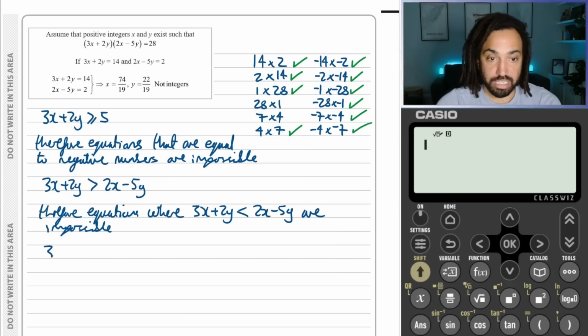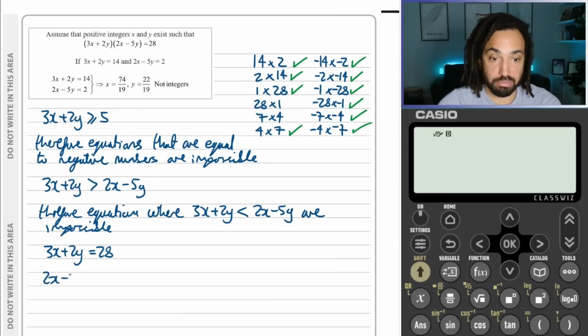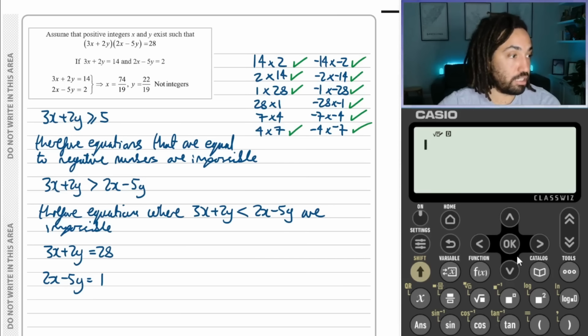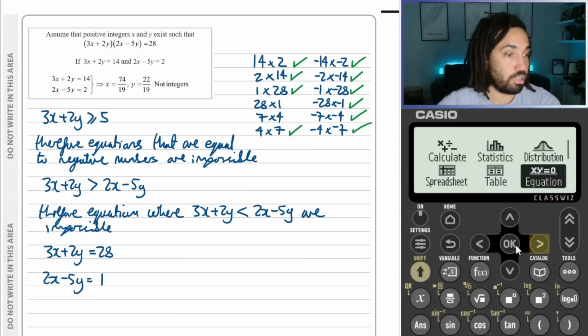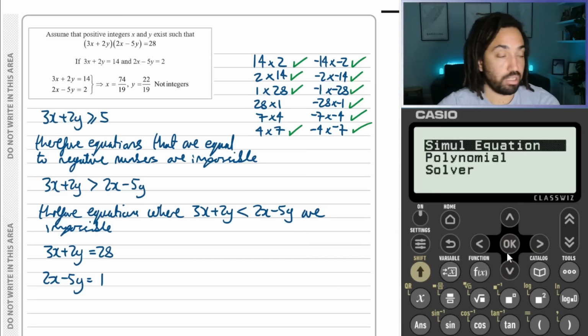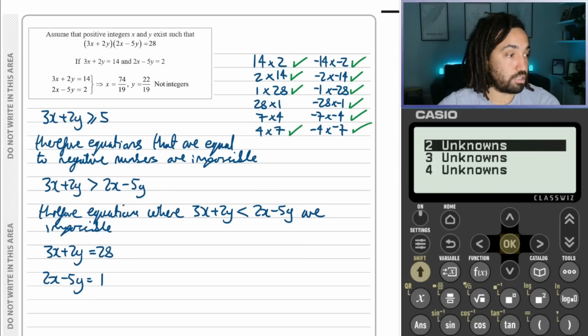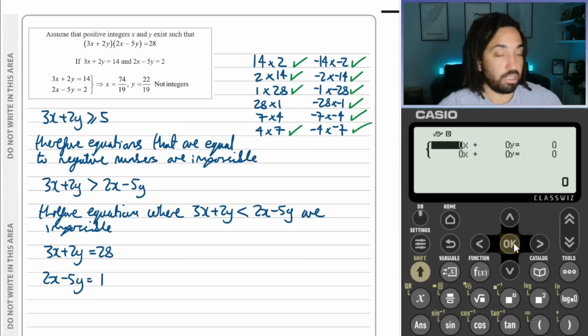So let's do that. Let's do 3x plus 2y is equal to 28 and 2x minus 5y is equal to 1. We can do that on our calculator. We can go to equation, simultaneous, two unknowns.